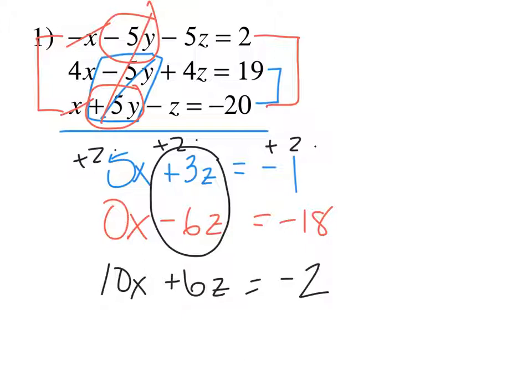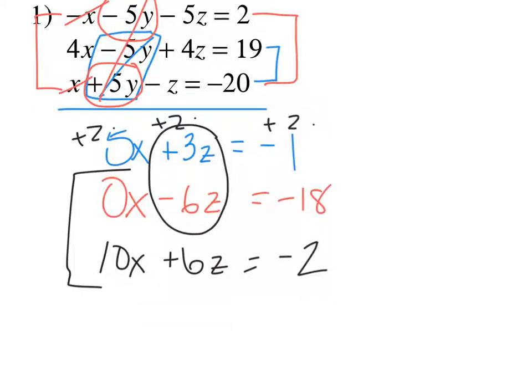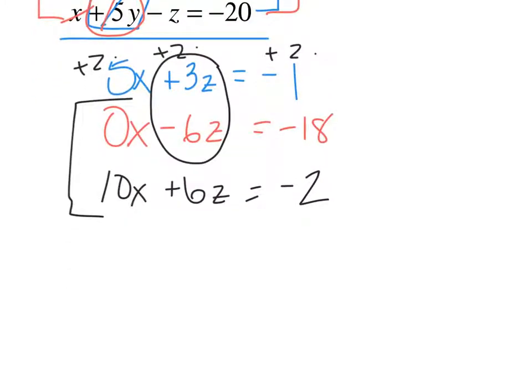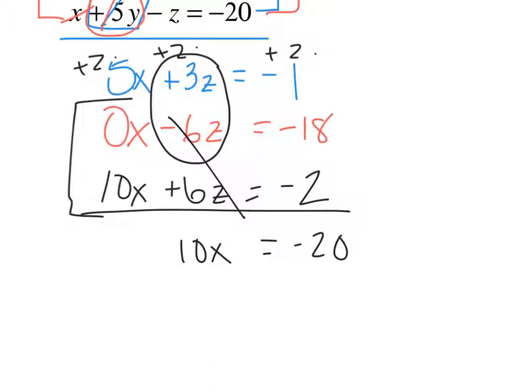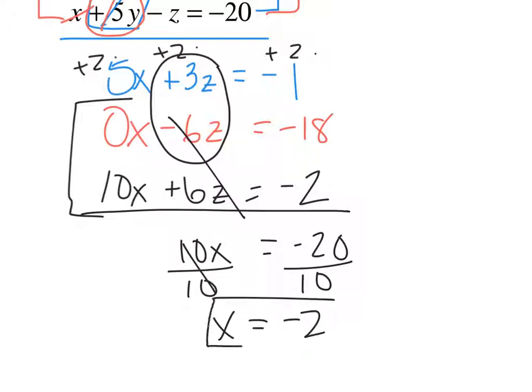And so now I'm going to work with these two equations here, noticing that my z's cancel. So add straight down: 0x and 10x makes 10x. These z's cancel, and negative 18 and negative 2 is negative 20. Finally, I can solve for one variable because that's all I have left. So my x is negative 2.